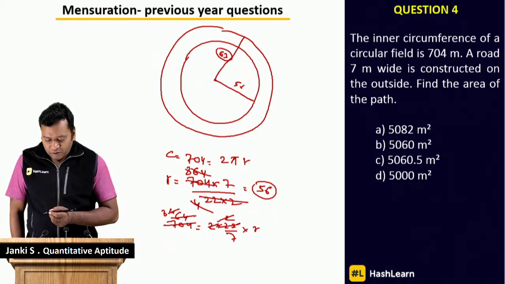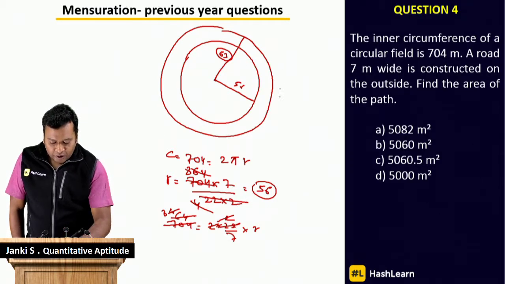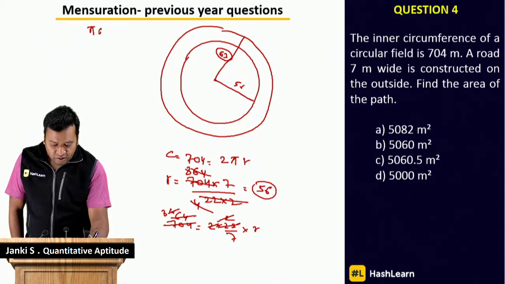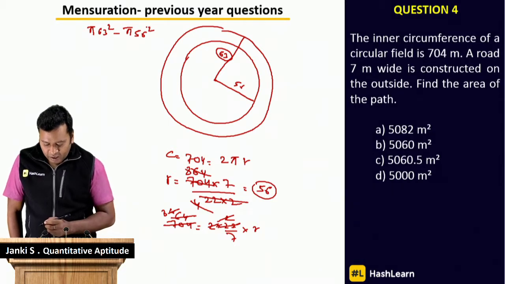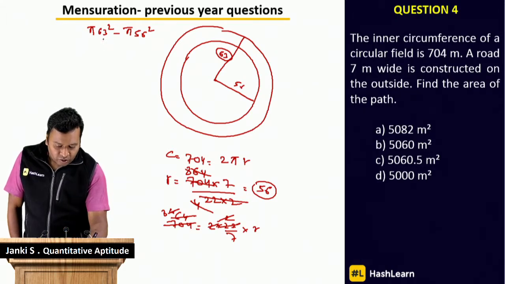Find the area of the path. That means area of the outer circle, which is nothing but pi 63 square minus pi 56 square, right? That's my relation here. Now let's work on this.